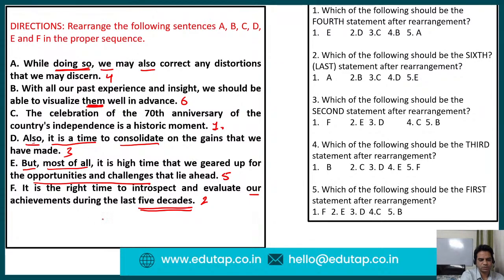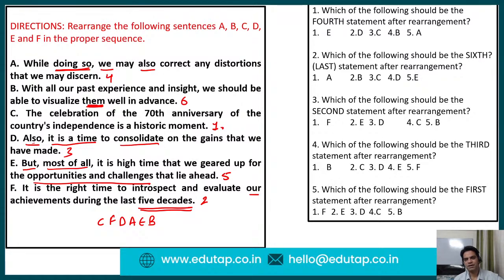So, the correct sequence should be C, F, D, A, then E, and then B. That should be the correct sequence, guys. C, F, D, A, E, B. Not E, A, B, Pallavi and Sushmita, it's A, E, B.